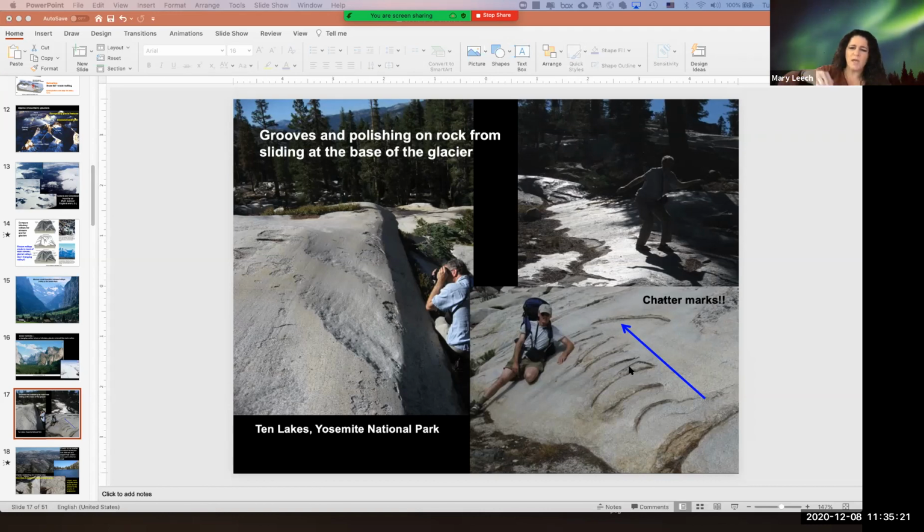These are places where the ice gets stuck and catches, and it erodes the rock in this way where you get these circular little fractures. Or you get striations. Do you see these lines here? There are lines that go in this direction on the rock. Those grooves tell you the direction of flow of the glacier.